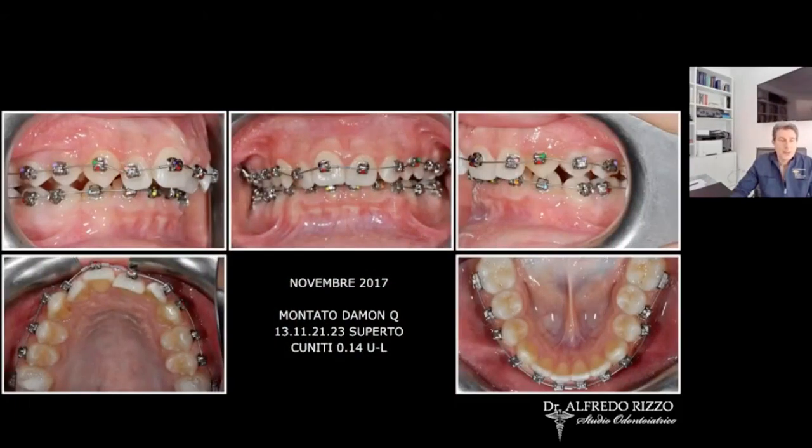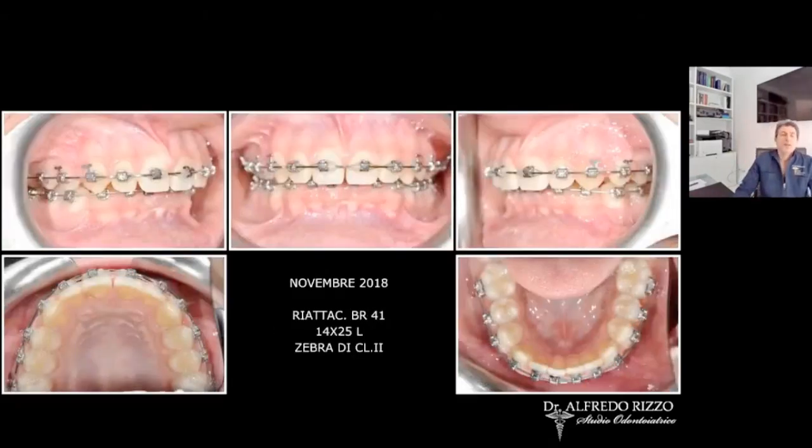This is the bonding of the bracket system around copper nitinol 14 wire in the upper and the lower. We see now copper nitinol 14/25 arch wire in the lower, zebra class 2 elastics.